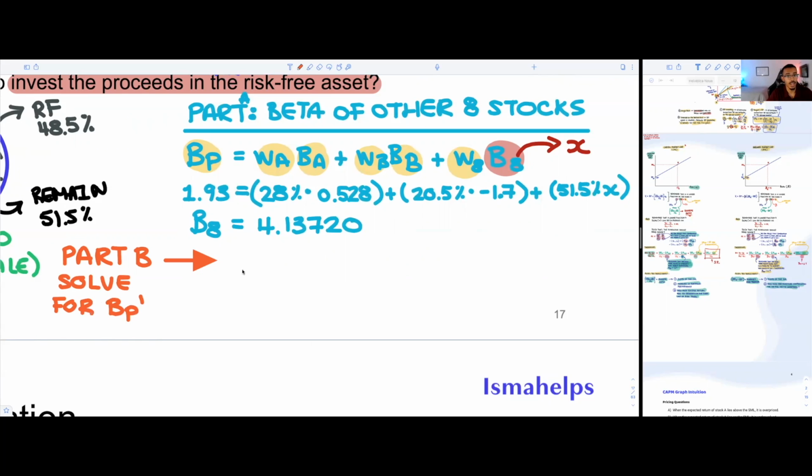Now we know that the beta of our new portfolio would be simple. It's going to be the weight invested in the risk-free rate times the beta of the risk-free rate plus the weight of the 8 stocks that we just don't have information on times the beta of those 8 stocks.